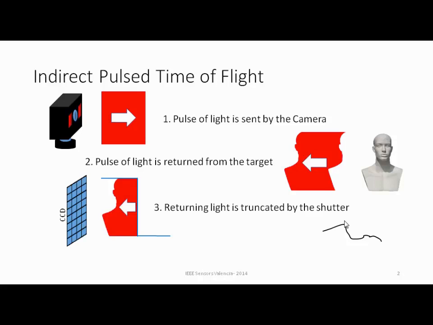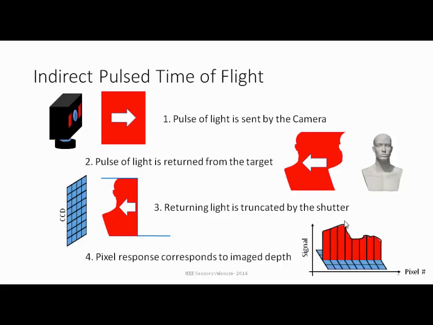Now, if I have a very fast shutter that can truncate the light that is returning more or less in the same order of time that it takes the light to travel from the target, then I am able to cut off all the light that arrived relatively late.